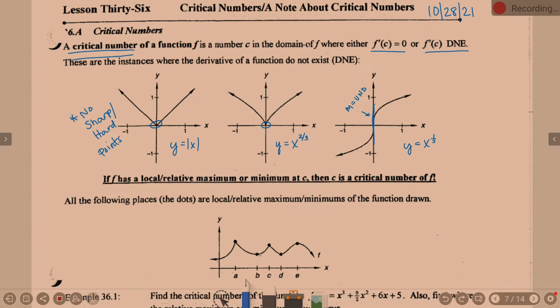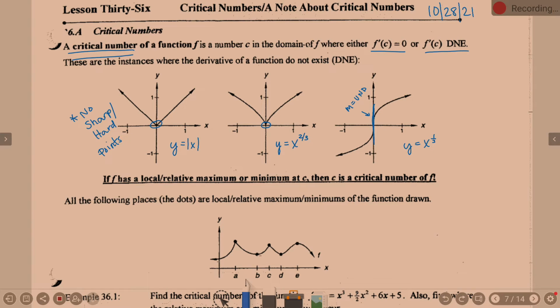Now, those are all examples of where the derivative does not exist because of the tangent line. What about when the derivative is 0? What kind of tangent line are we going to have? Is it perfectly horizontal? The slope is 0 when the line is horizontal.